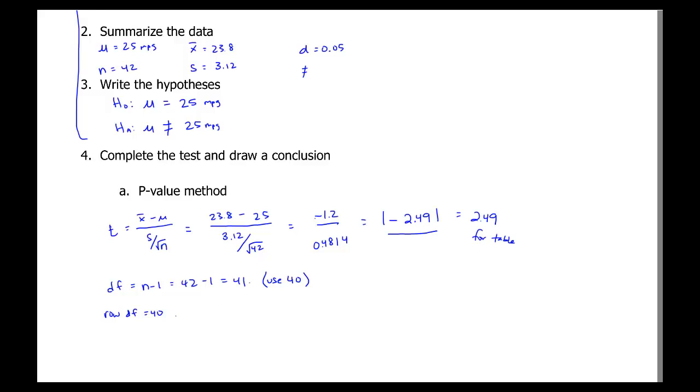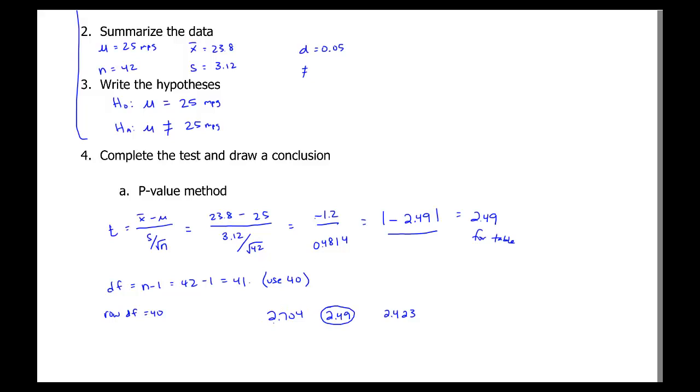So going across the row for degrees of freedom where degrees of freedom equals 40, our value for t is between the numbers 2.704 and 2.423. So this is our number, and it's between these two.